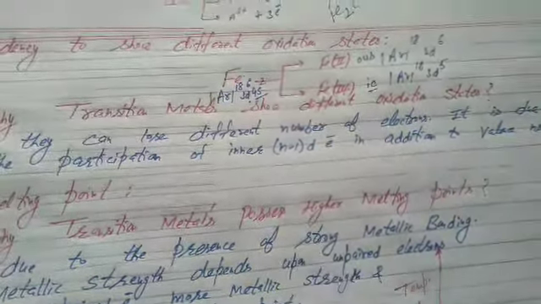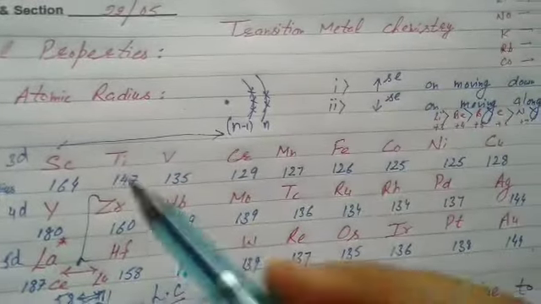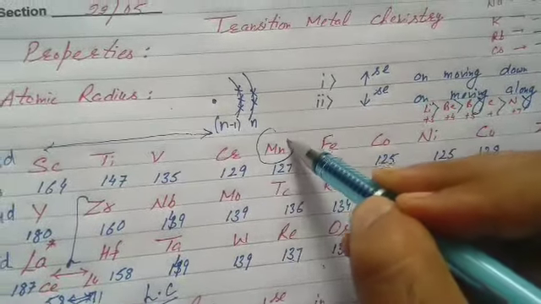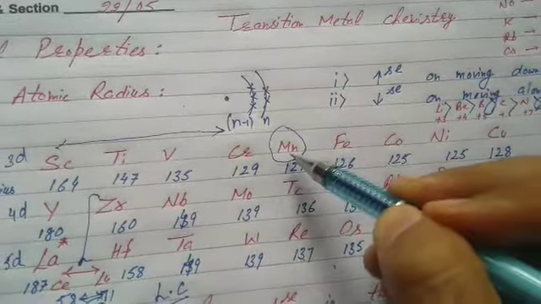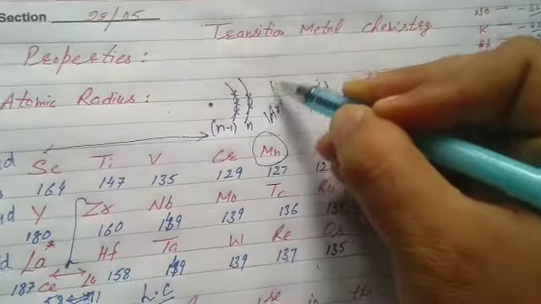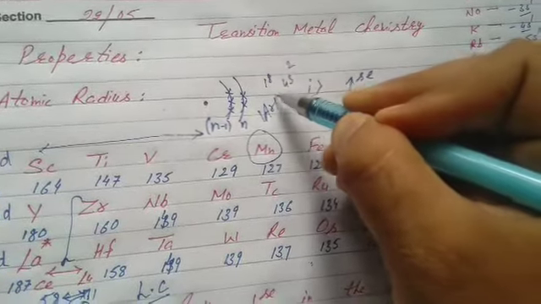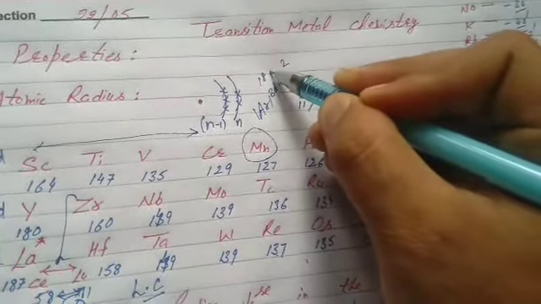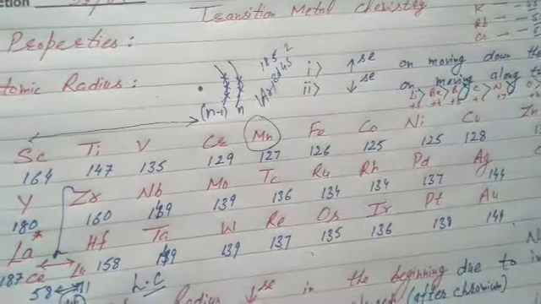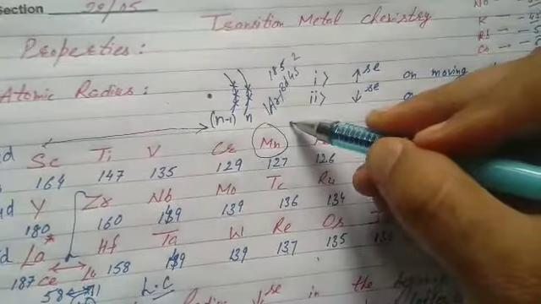Students, that's the transition series. In the first transition series, the maximum oxidation state is shown by manganese. If we go with first transition series, manganese, argon 18, 4s2, 3d5, having atomic number 25, it shows +7 oxidation state.